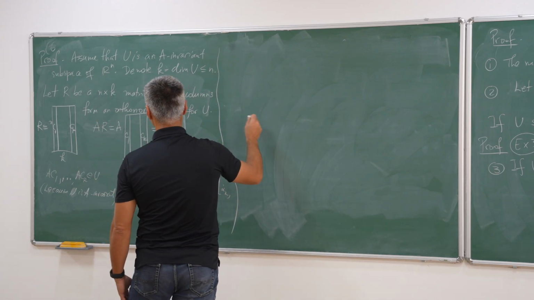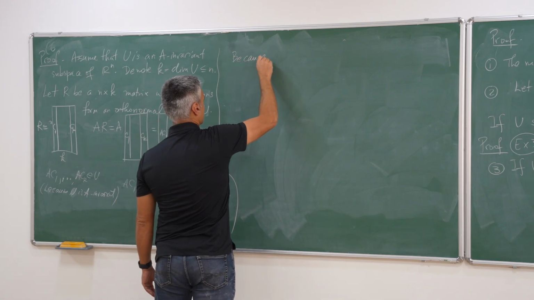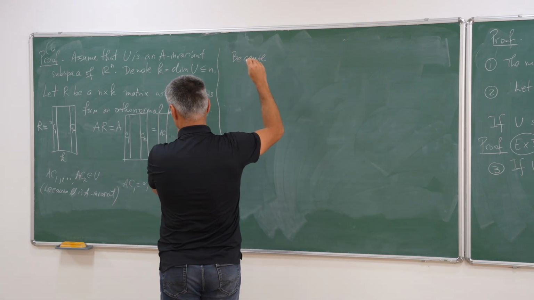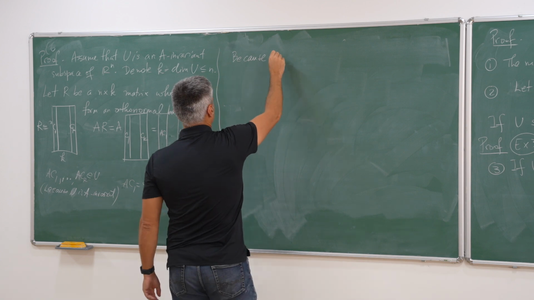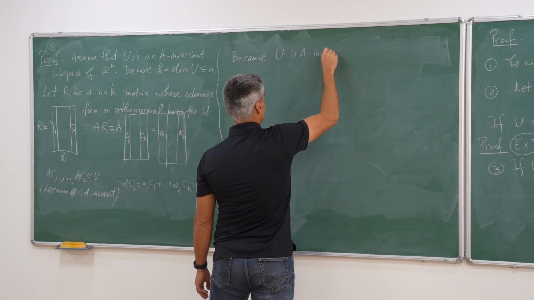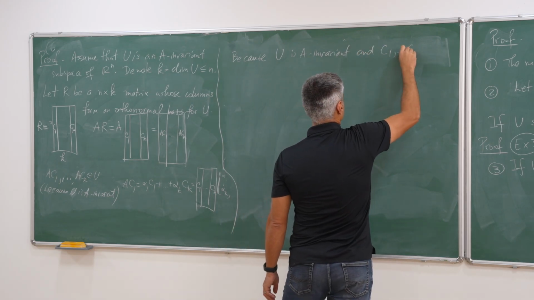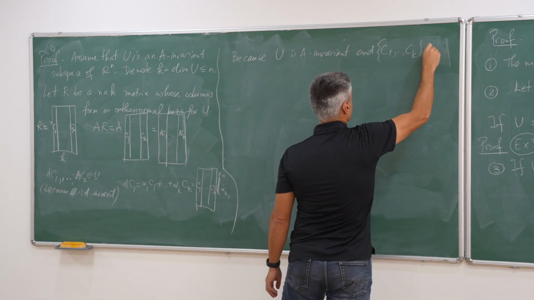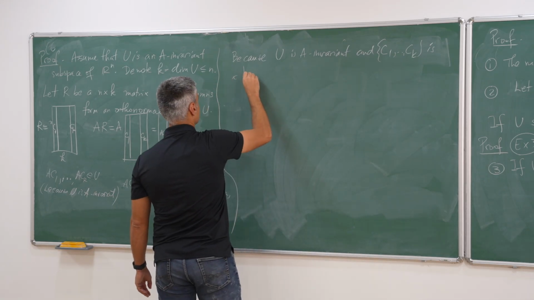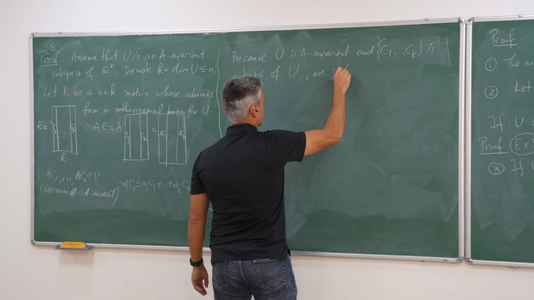Because U is A-invariant and C1, ..., Ck is a basis of U, we get that.